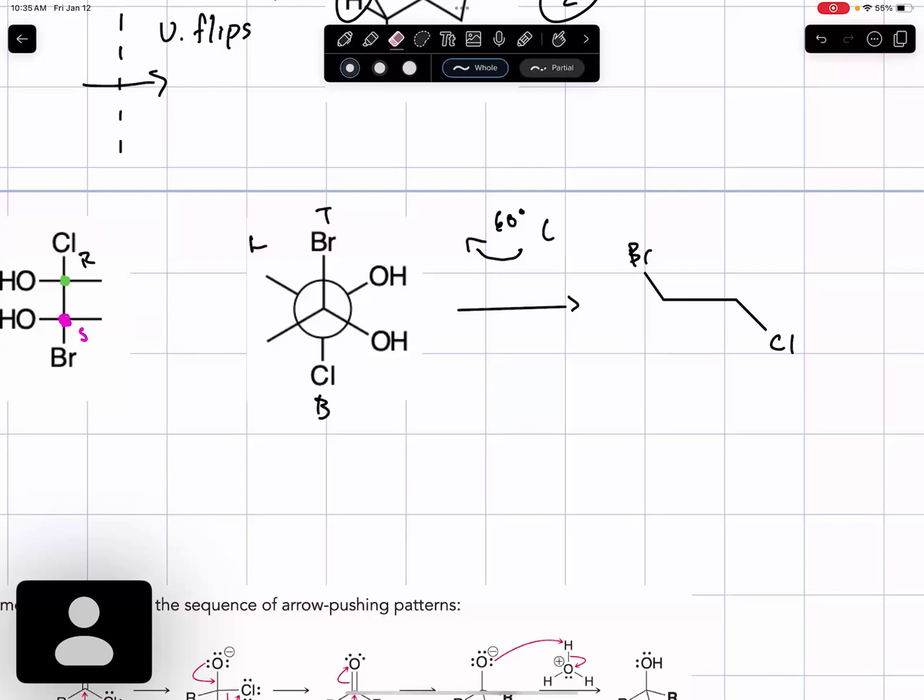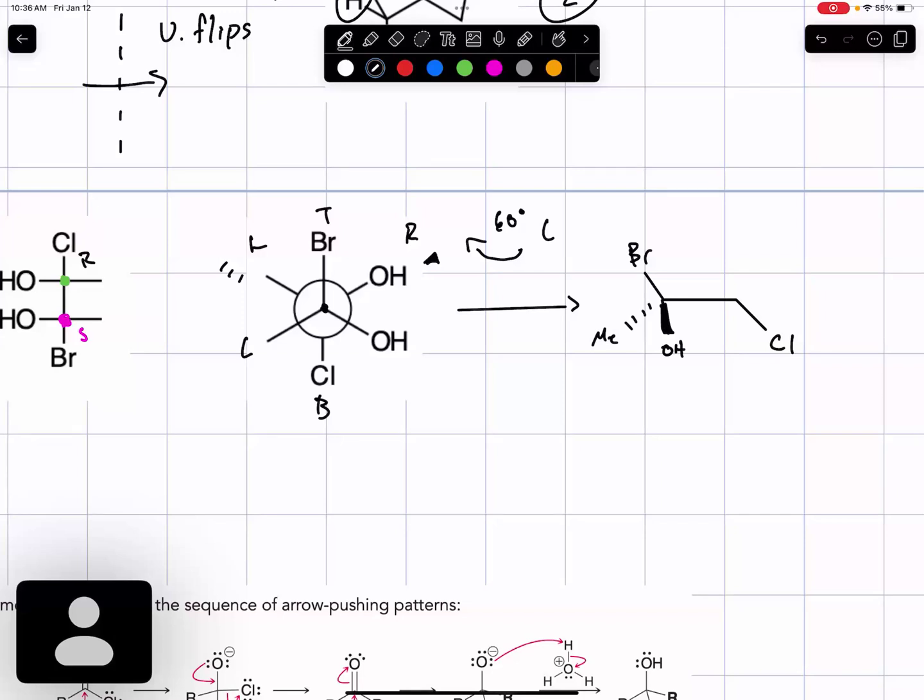On the left is dashed, on the right is wedged. So on the left, we would have what? A methyl group, right? Okay. What about here? This would be our alcohol or hydroxyl.